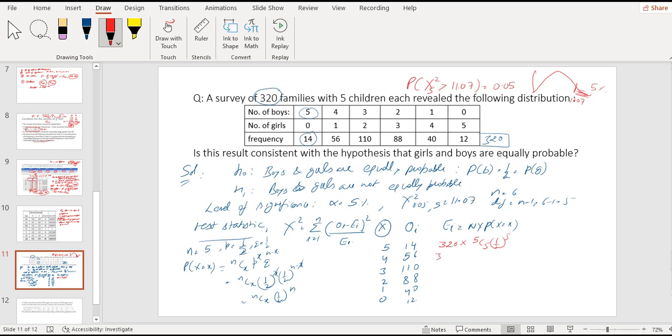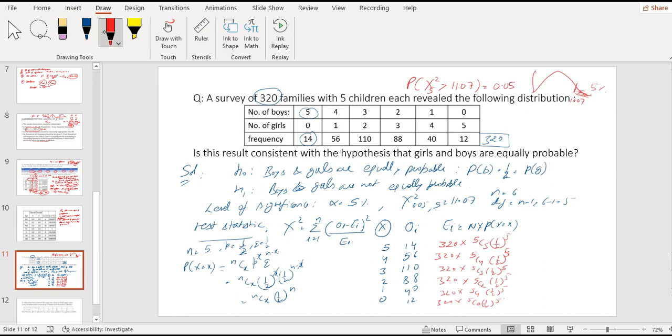Then 320 into 5C4 (1/2) raised to the power 5. Then 320 into 5C3 (1/2) to the power 5. The power will remain n only, right? Then 320 5C2 (1/2) to the power 5, 320 5C1 (1/2) to the power 5, and 320 5C0 (1/2) to the power 5.